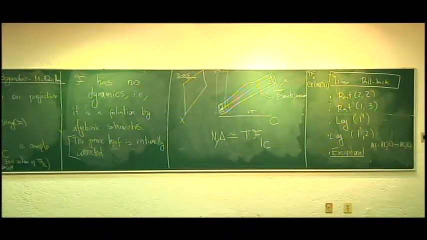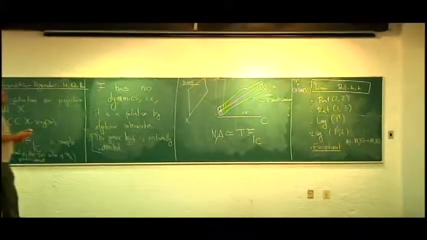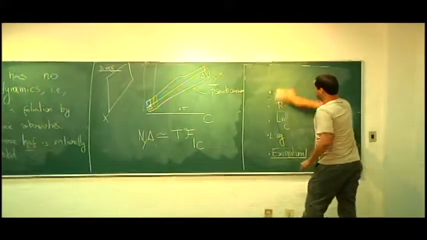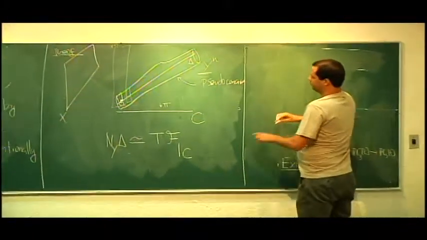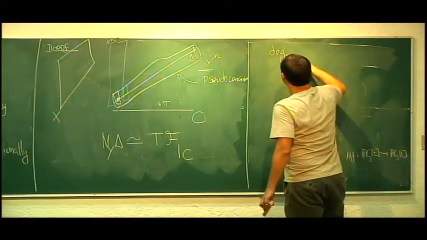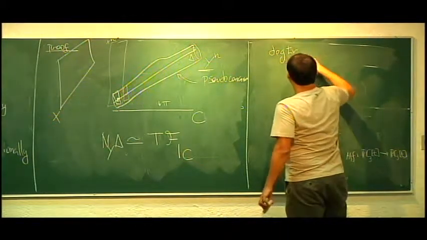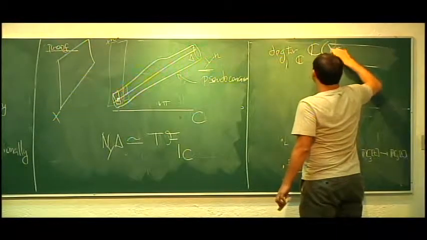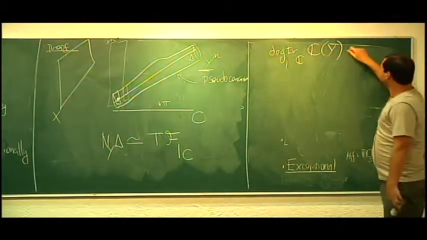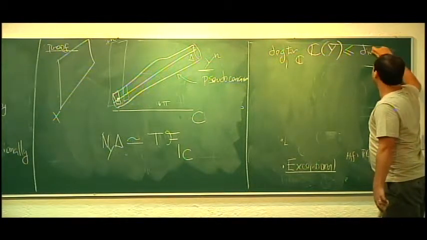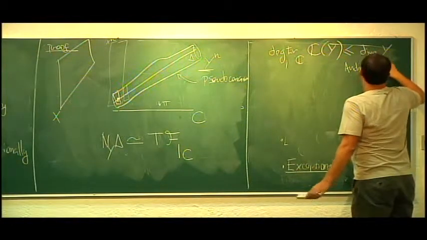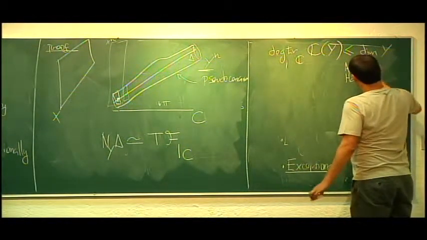So we have this: the hypothesis that ampleness implies that the degree of transcendence over C of the field of meromorphic functions on Y is bounded by the dimension of Y. This is Andreotti or Hartshorne, as you want.